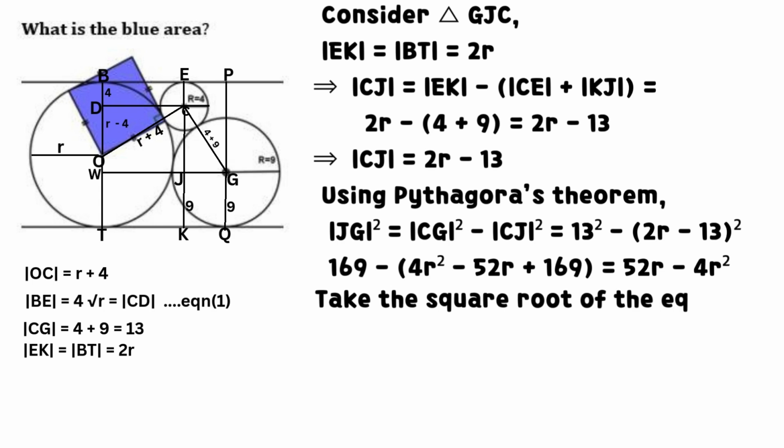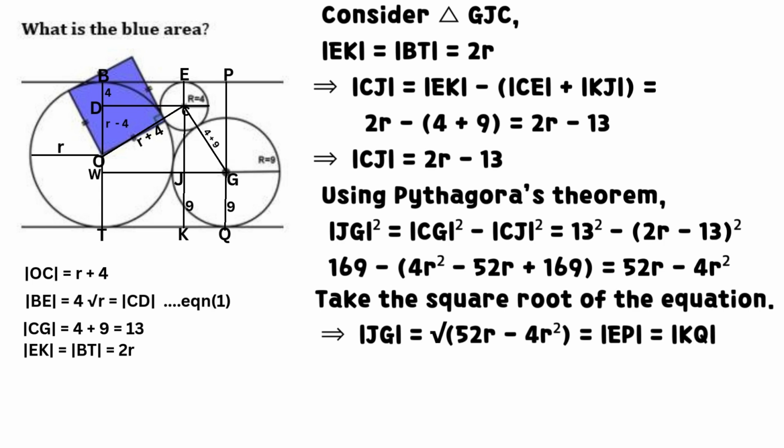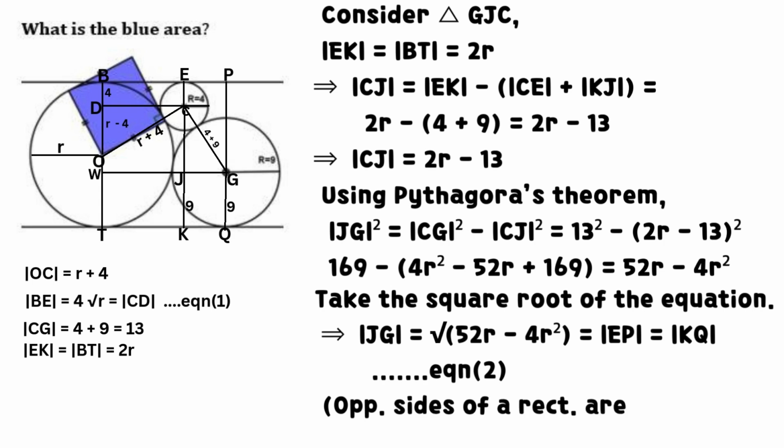Take the square root of the equation. It follows that line JG equals the square root of 52 times R minus 4 times the square of R, which equals line EP, that is equal to line KQ. We call it equation 2. It is because opposite side lengths of a rectangle are equal.